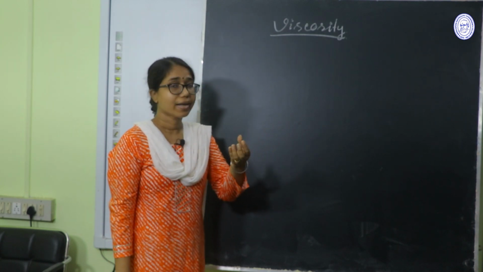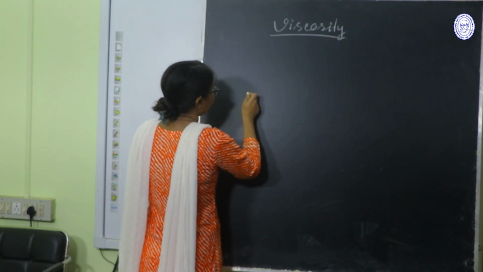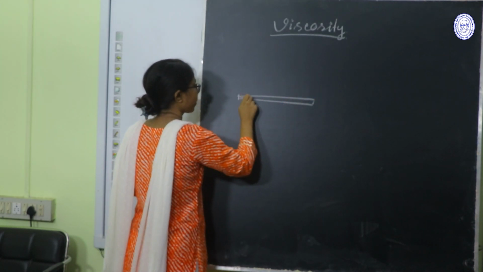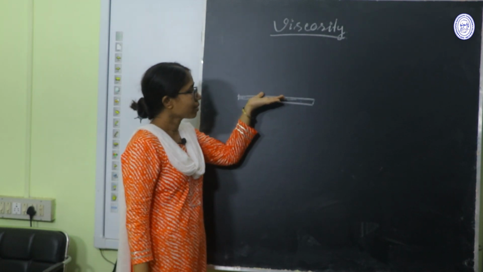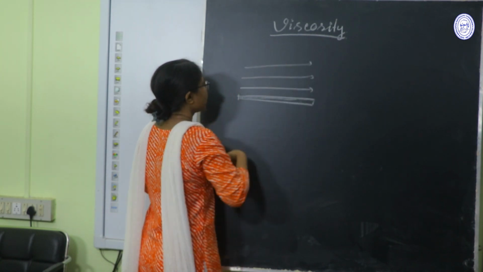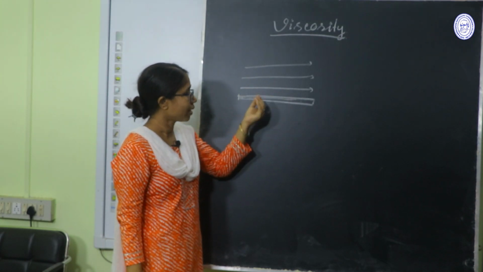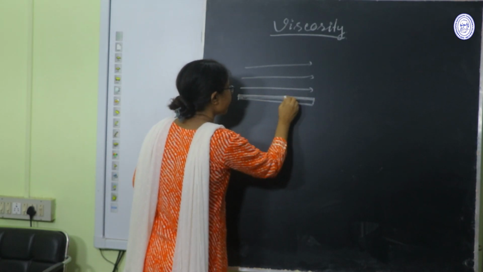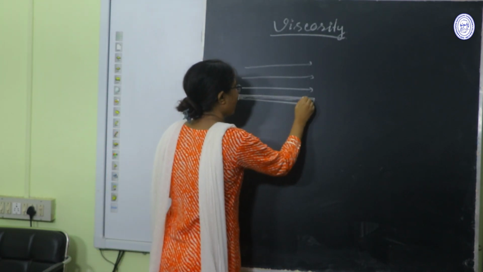Now, how do these relative motions arise? Like, we consider a solid surface and a liquid is flowing over this surface from this side to this side. If we divide this liquid into a large number of layers, at the layer in contact with the solid surface, the velocity is very low, assumed to be 0 at this layer.